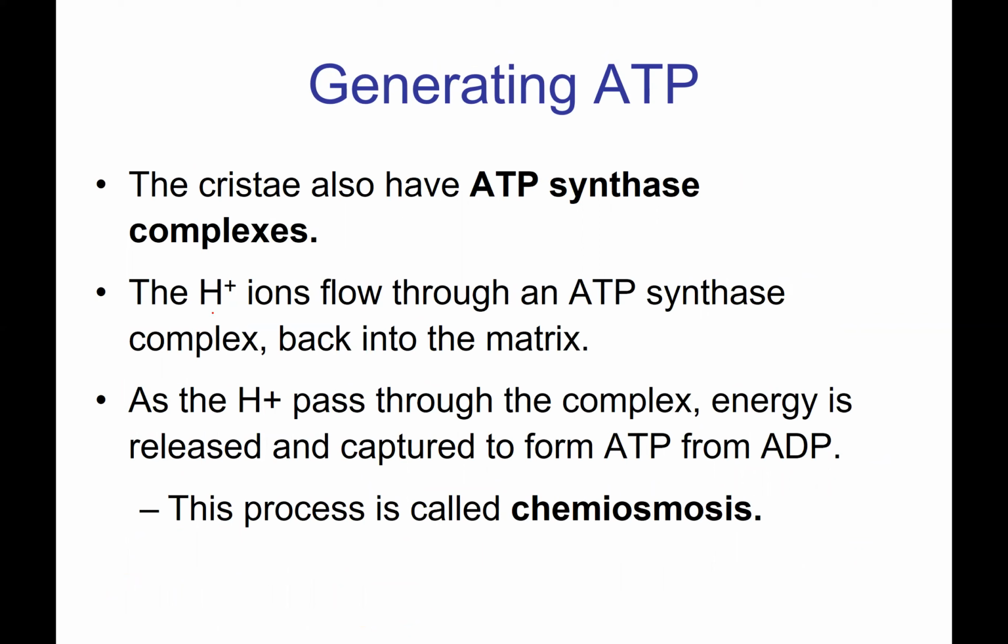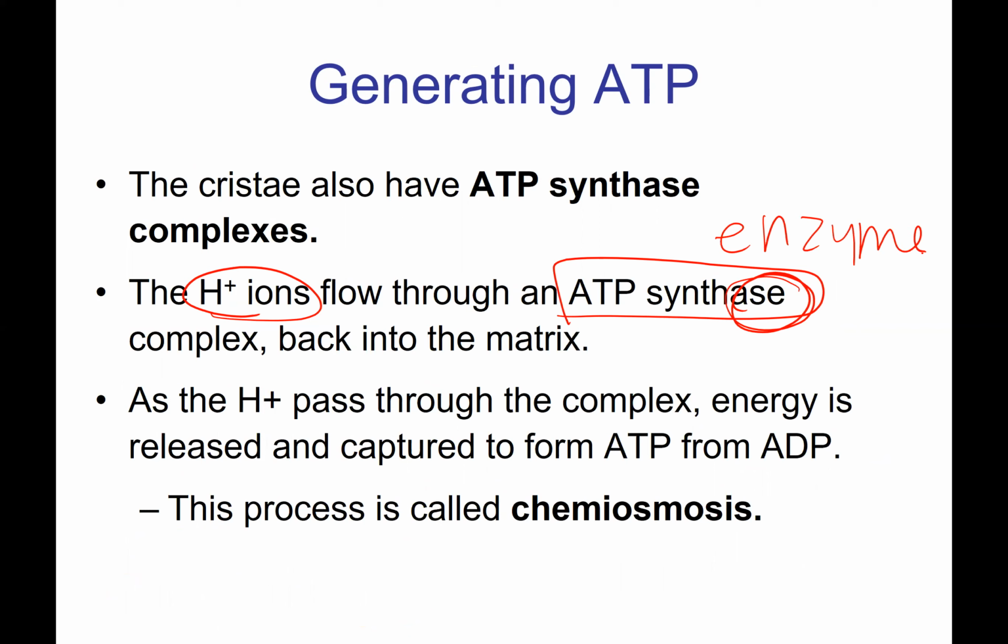So these hydrogen ions are going to flow back down. Remember, what goes up must come down. It's going to flow through what's called ATP synthase. Remember, anything that ends in ase is an enzyme. So those hydrogen ions that have a high concentration are going to go through this ATP synthase. And as they pass through the ATP synthase, they are going to form ATP.